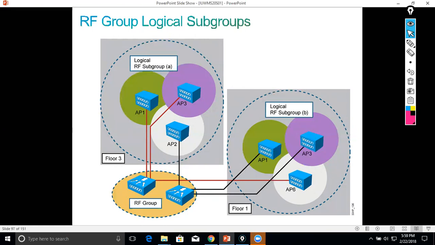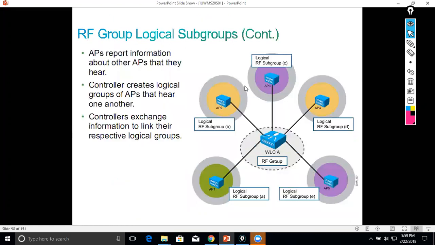But it is also possible for two APs from different subgroups to be members of the same RF group on different controllers, as per the diagram. In an RF group logical subgroup, APs report information about other APs that they hear. The controller creates logical groups of APs that hear one another, and controllers exchange information to link the respective logical groups.